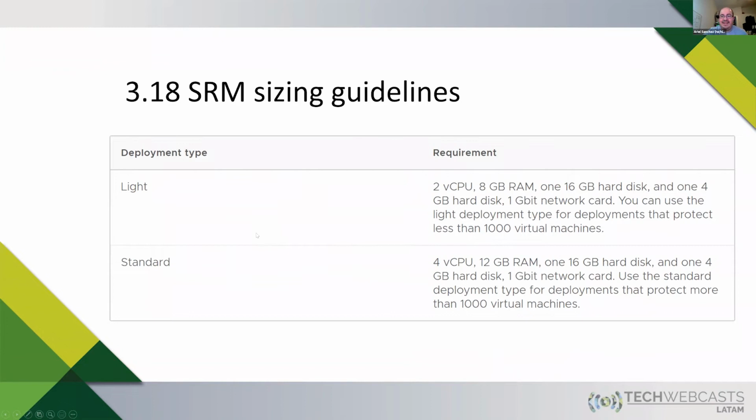So, some sizing guidelines. There are currently 2 models to deploy SRM. There's a light model, 2 vCPU, 8 gigs of RAM, and there's a standard, which is 4 vCPU, 12 gigs of RAM. What's your determination there? Are you protecting less or more than 1,000 virtual machines?